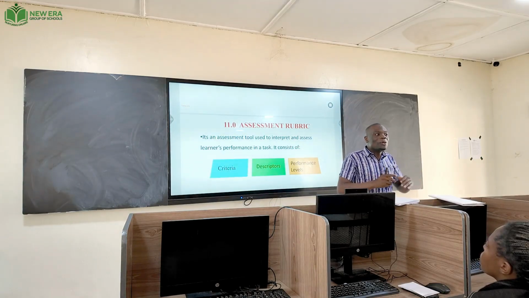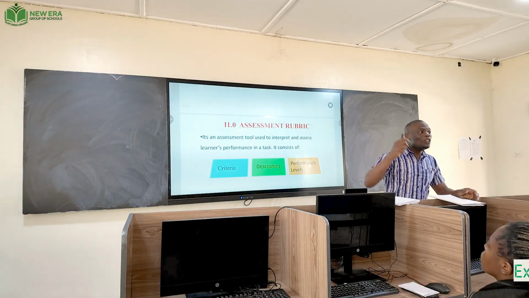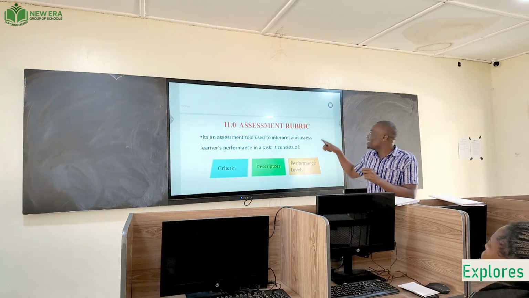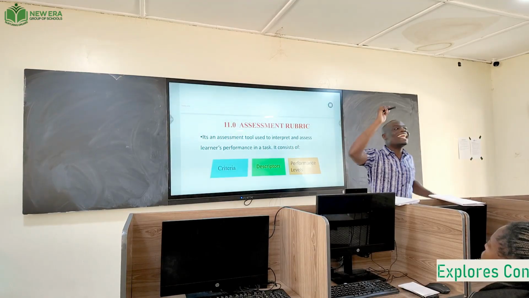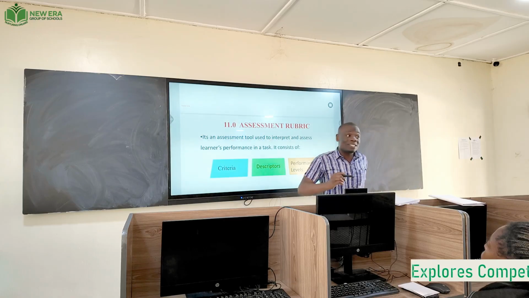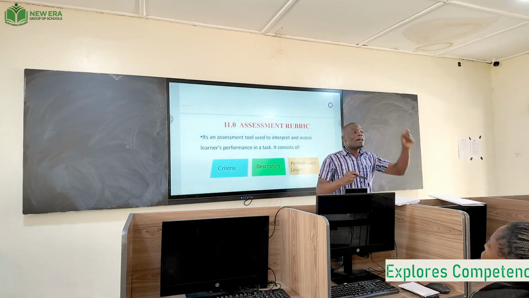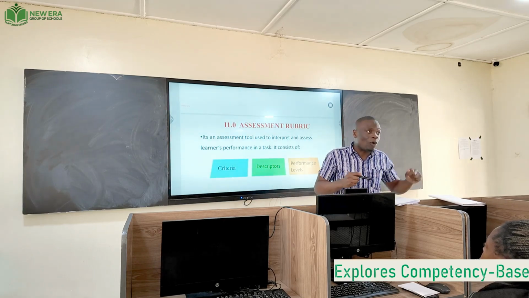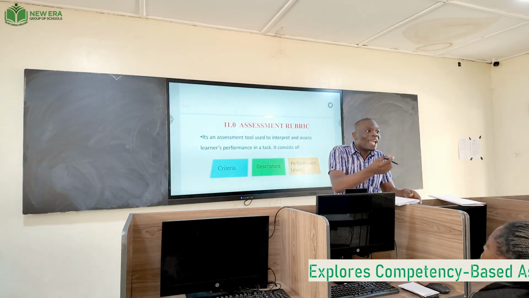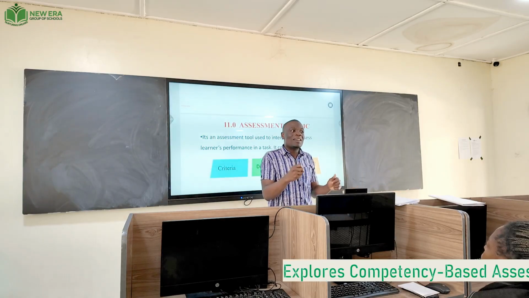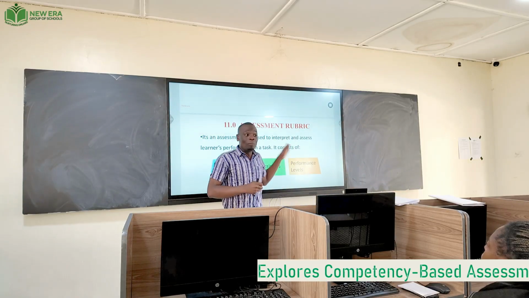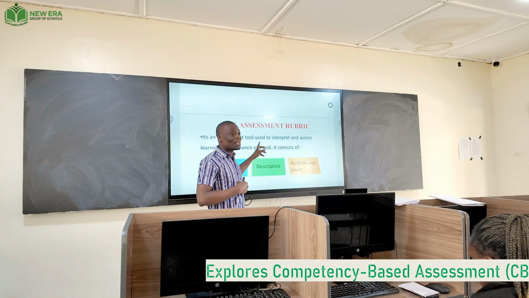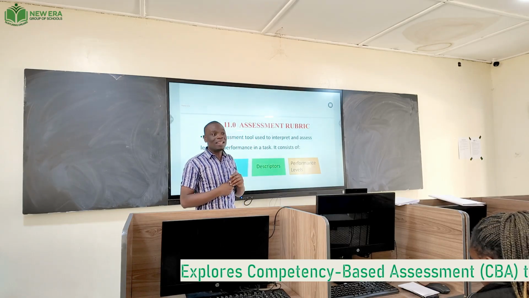Remember, in an observation schedule, the observations are not intentional. But in the assessment rubric, it is an intentional observation done when the learner is given a specific task to perform. So you extract some competencies from the learner as observed during the performance of that particular task.